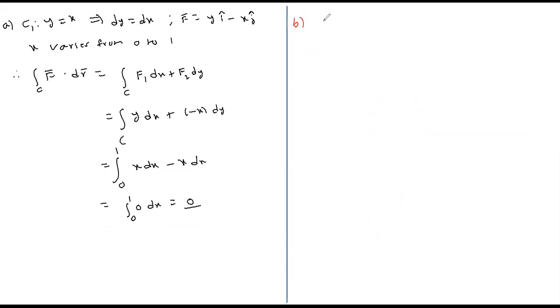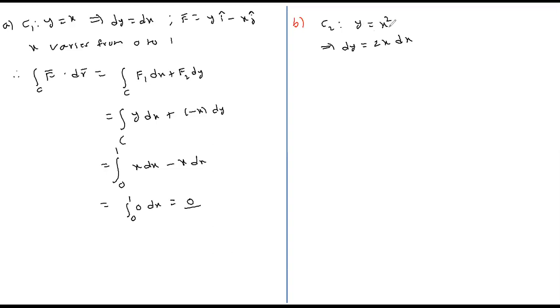Along y equal to x square. So then what is dy? 2x dx. Is it easy for me to write y in terms of x or x in terms of y?